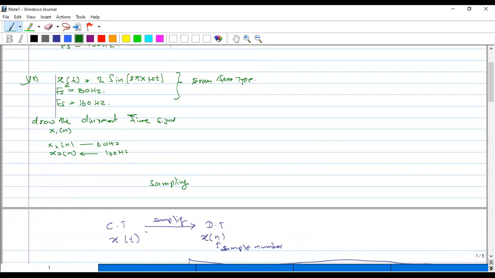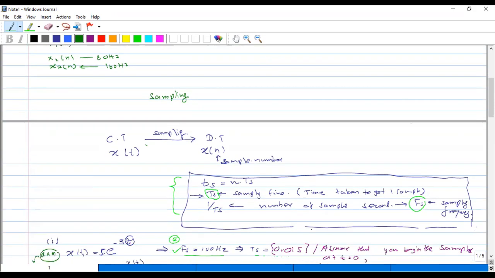Try to sample the same signal with this sampling frequency, and see whether we can reconstruct it or not. Now you are going to sample this signal with 180 Hertz. Check whether you can reconstruct the signal or whether you can't. It is a homework you should do.